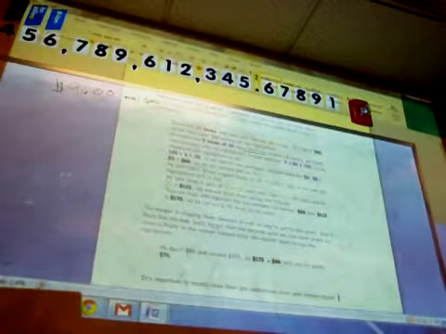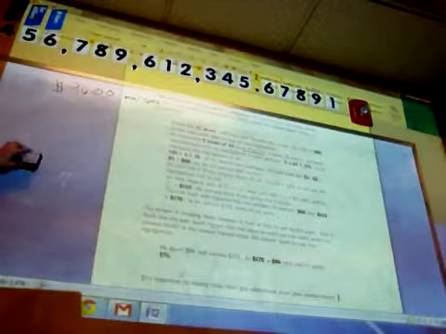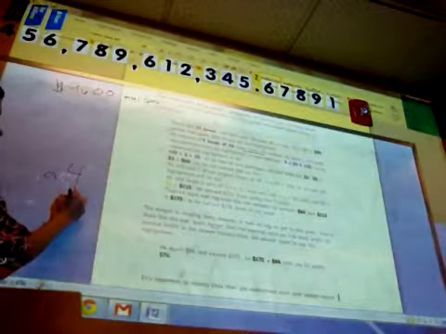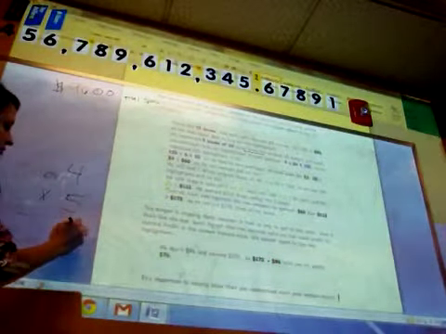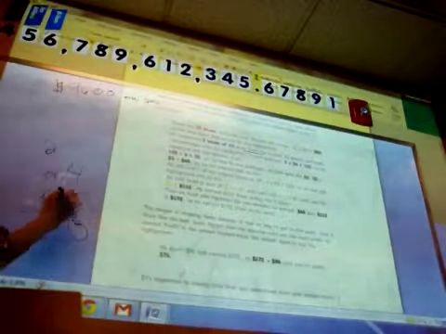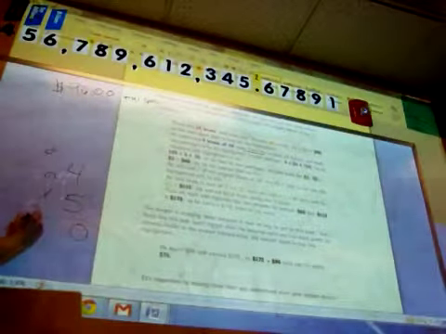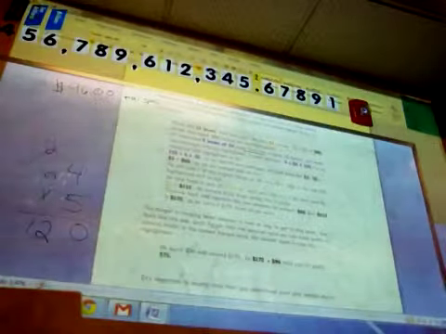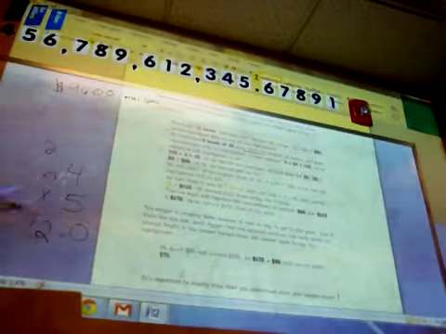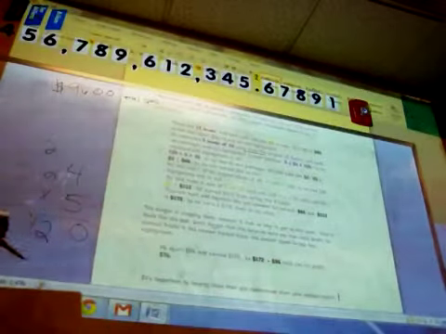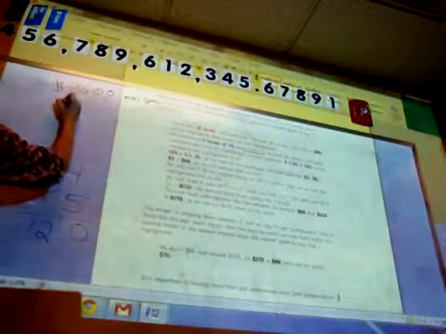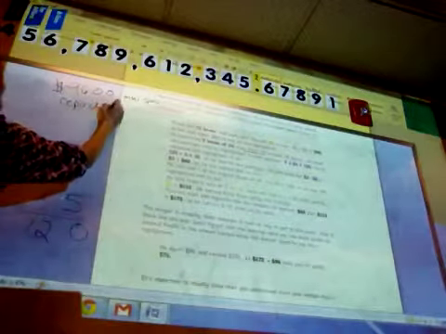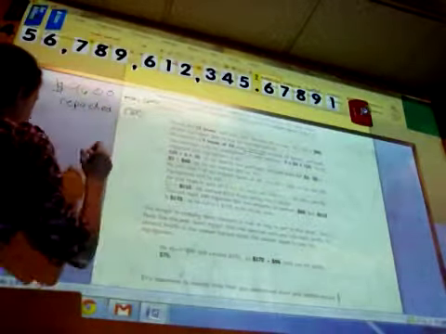We could add 5 boxes each with 24 highlighters, or we can multiply. 24 times 5. 5 times 4 is 20, 0 and 2. 2 times 5 is 10, plus the 2 that I carried is 12. So we know that he repackaged 120 highlighters all together. I'm going to put that information up here also. I'm going to put repackaged 120.